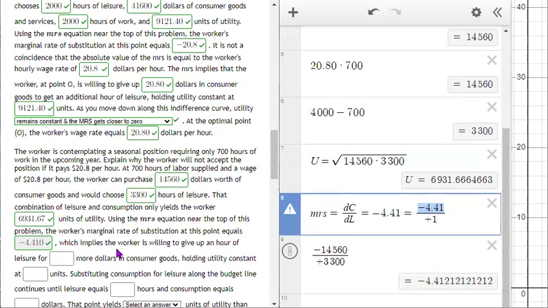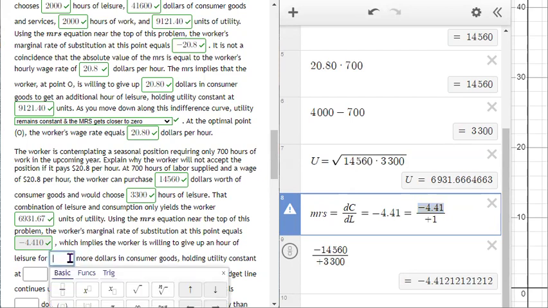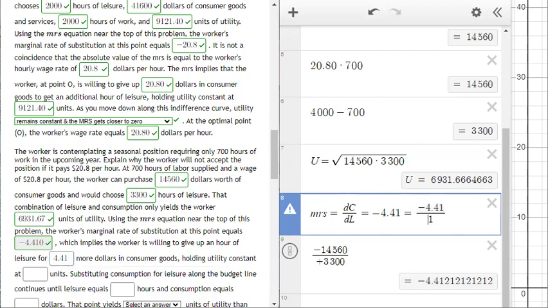So this implies the worker is willing to give up an hour of leisure for 4.41 more dollars in consumption. So I got to change this to negative and this to a positive. A positive 4.41 divided by a negative 1 is the value of our marginal rate of substitution at that point.